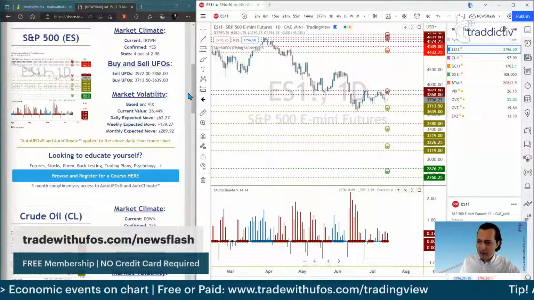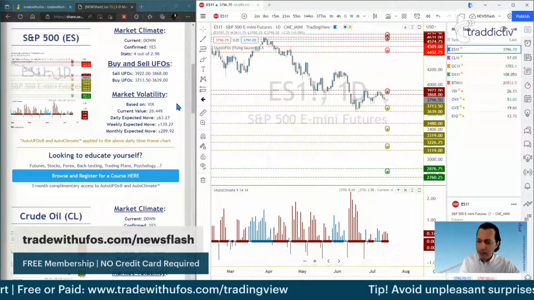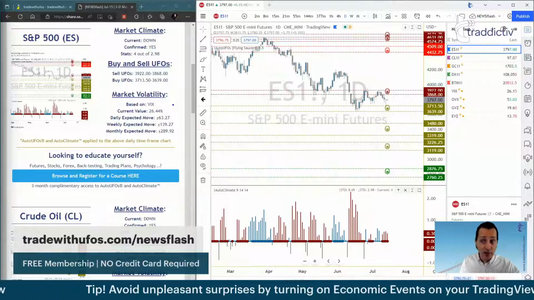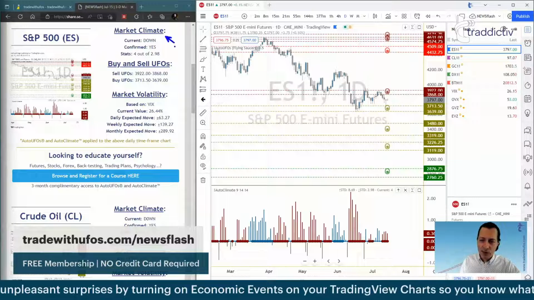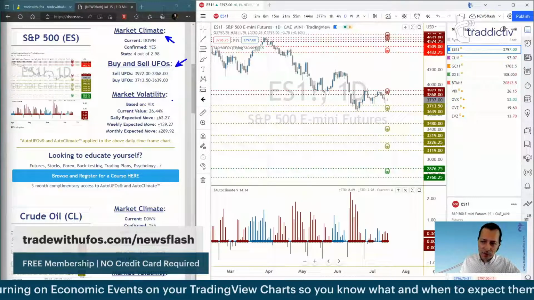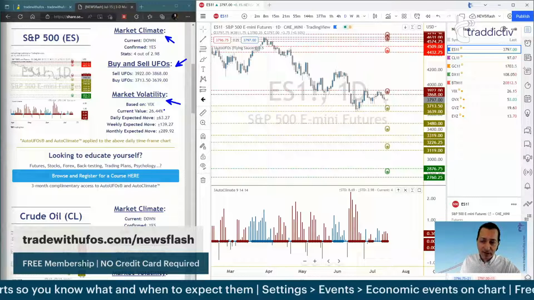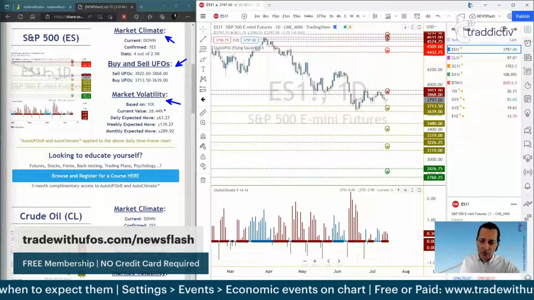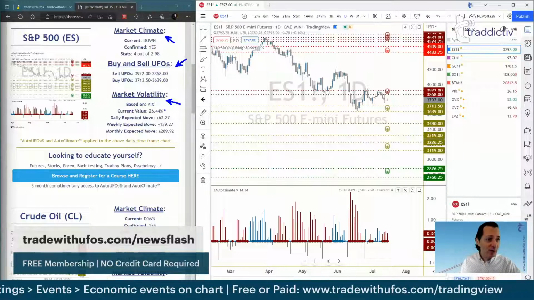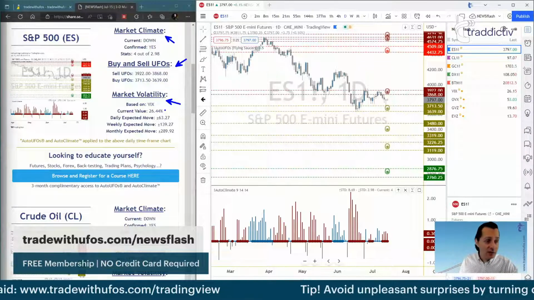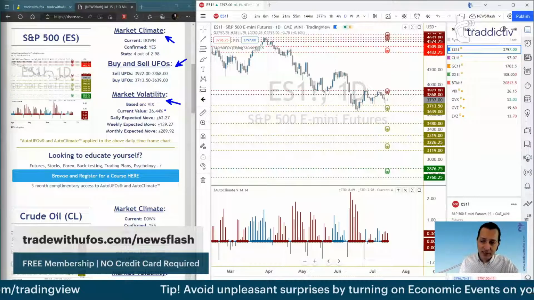That's the situation with the S&P. That is the market condition. Looking at the speed of movement, which is our third D: dimension number one, climate; dimension number two, UFOs; dimension number three, volatility. We are talking about a VIX value of 26.44%. For you options traders out there, you know the VIX is the implied volatility of options on the S&P 500 index.